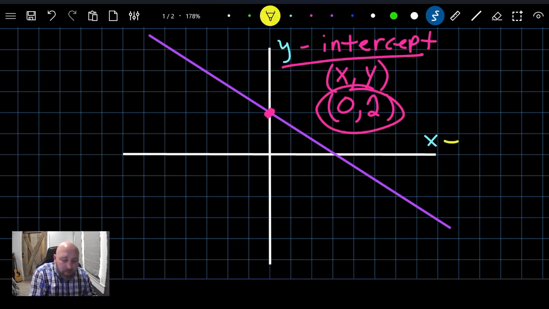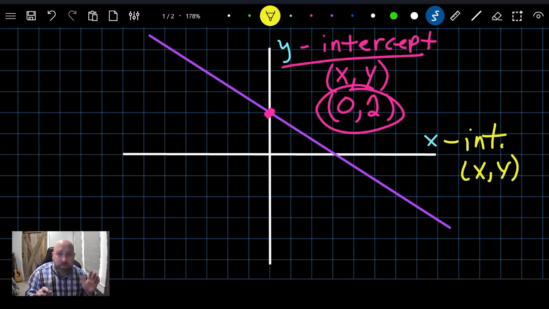Then we need to do the x-intercept. Remember, it's always written the same, as x, comma, y. All coordinate points are written as x, comma, y. So how many spots did we go over on the x? 1, 2, 3. There's our spot. And we don't go up or down on the y at all.